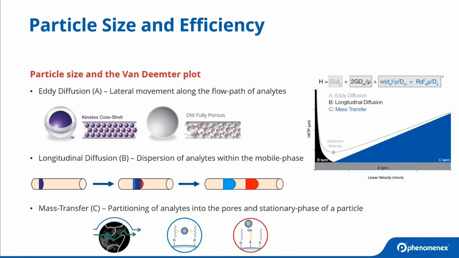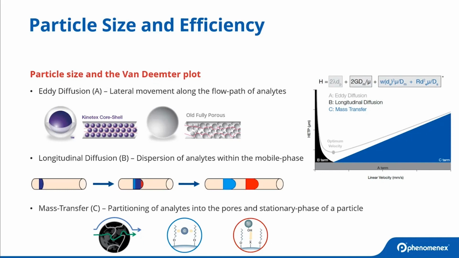With mass transfer, we need to be mindful of allowing molecules an opportune moment to partition into and out of the particles, such that when one molecule is traveling through a pore and another molecule is traveling around a particle, we want to make sure that they stay together with respect to the length that they've both traversed along the length of the column.